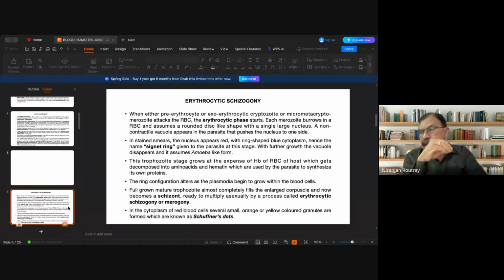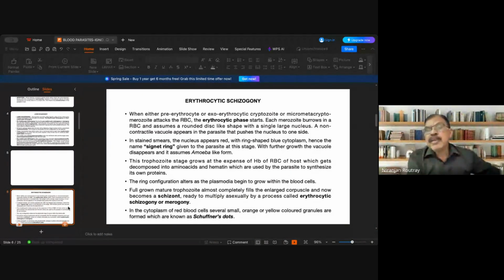So simply, the merozoites get attached onto the surface of the RBC. They burrow into the RBC and assume a spherical, rounded disc shape. They have a large single nucleus, and later on a non-contractile vacuole appears in the parasite.